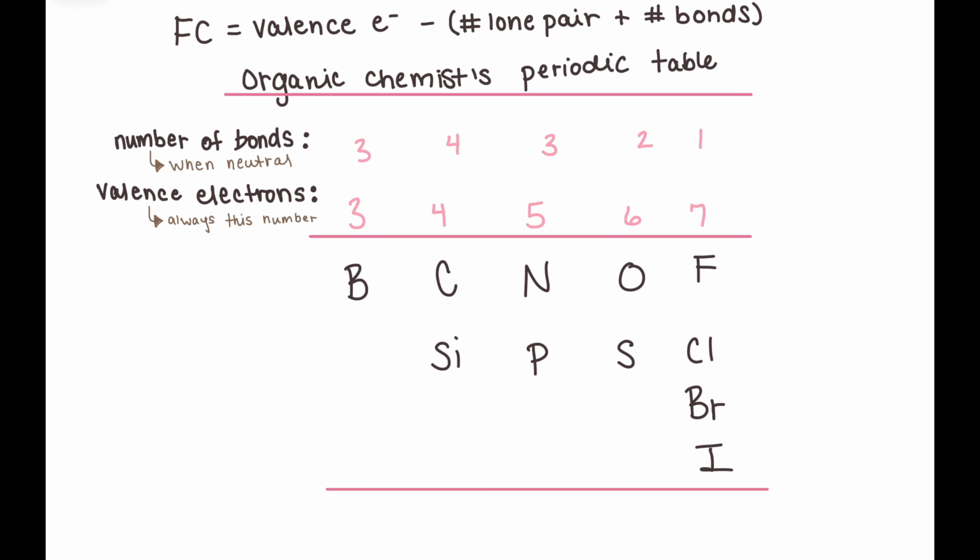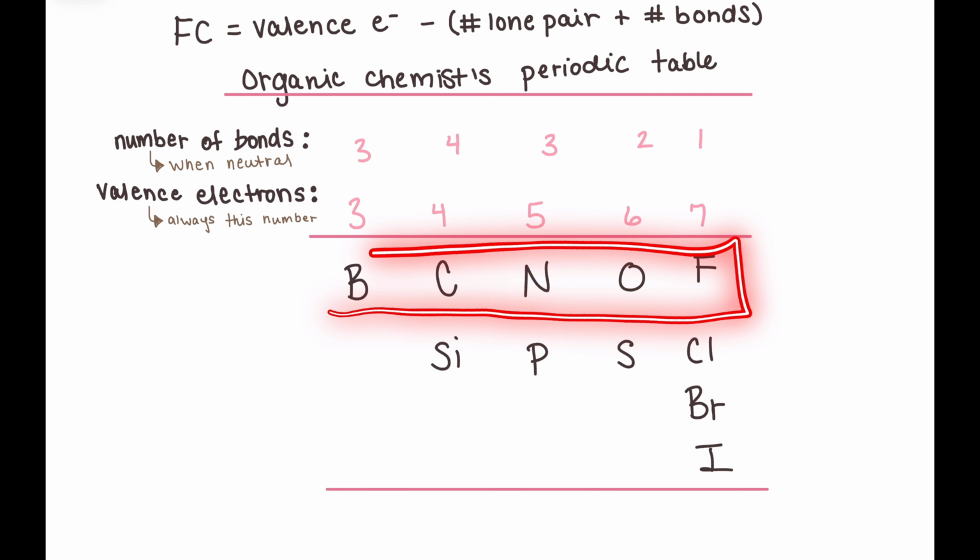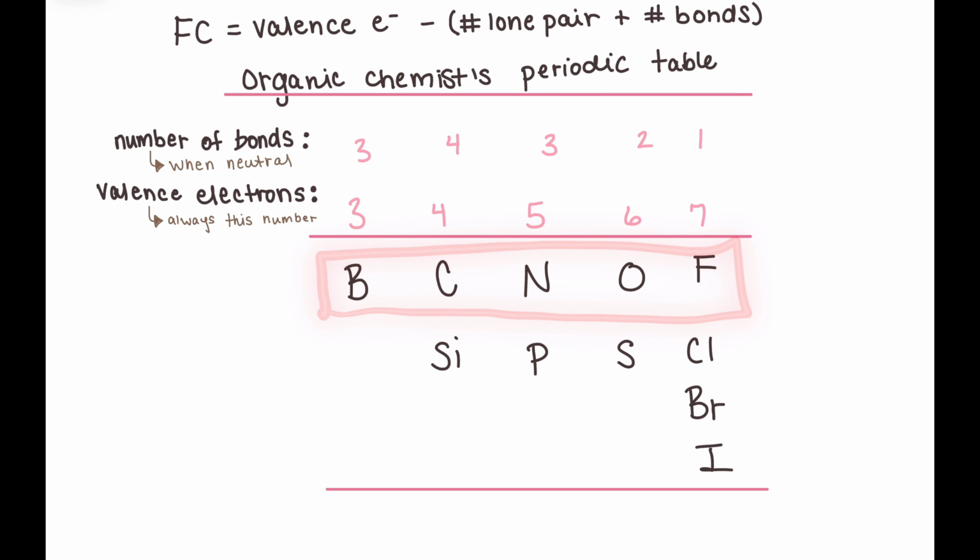As I move to a new column, each column has very similar properties, so I included my favorite elements that are below the first row. Here is the first row, but I also really like silicon, phosphorus, sulfur, and all of the halogens.